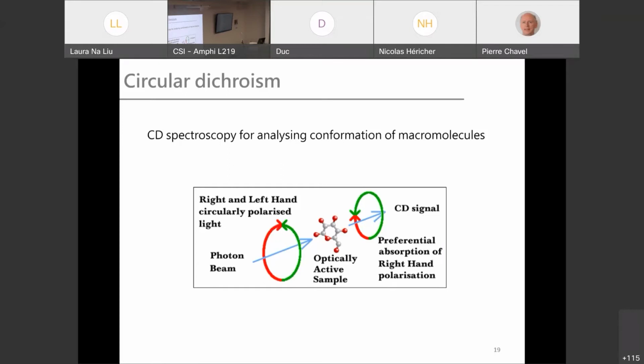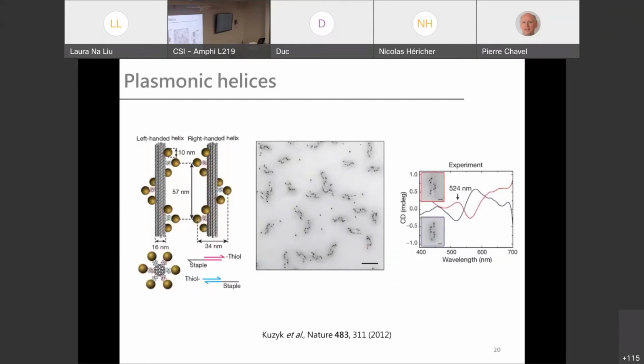You know, enantiomers are very important for medicine because molecules with different handedness might have entirely different biochemistry effects. So this is the information.